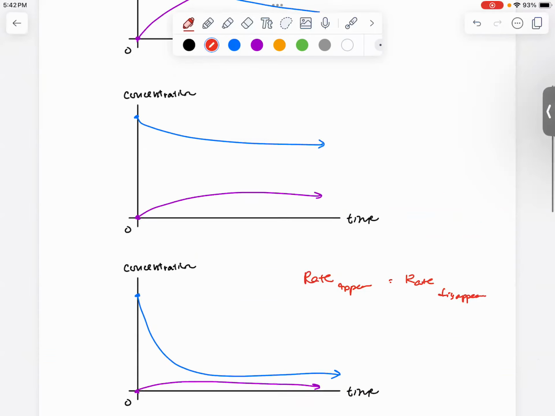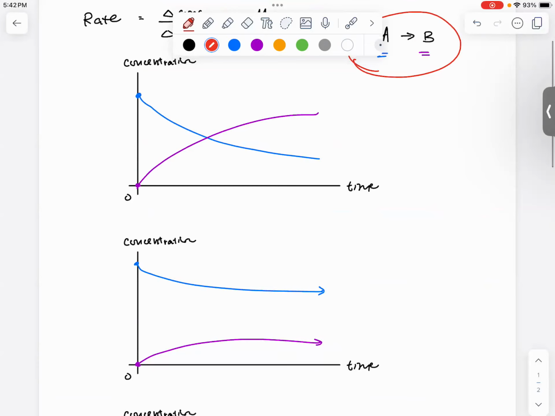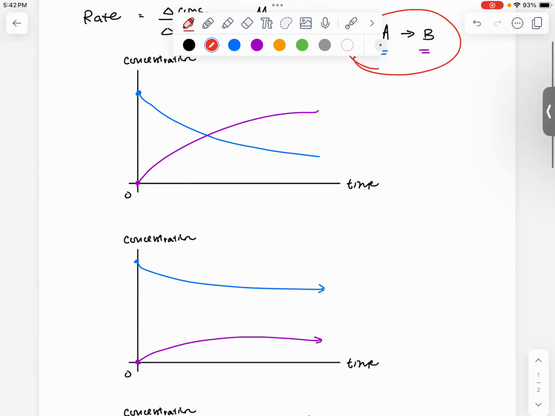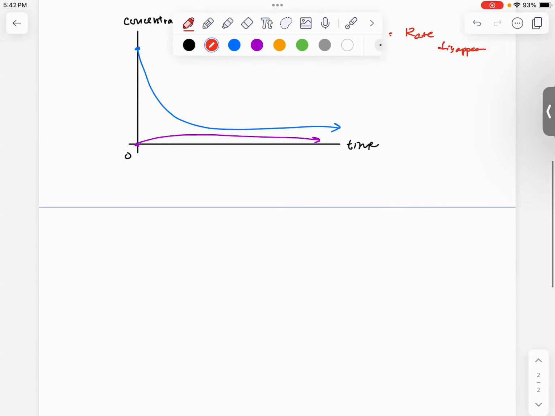Like in this case, if the ratio was 2 to 1, with A being 2 and B being 1, then you would have the steeper slope with A. 2A to 1B: you consume more A and produce a smaller amount of B. So make sure you take that into account if you have a few slopes to choose from.